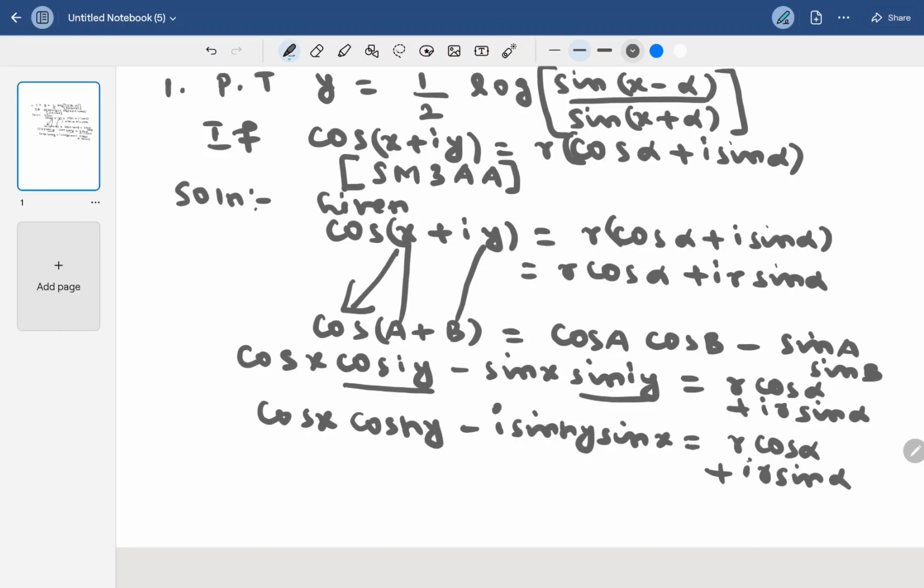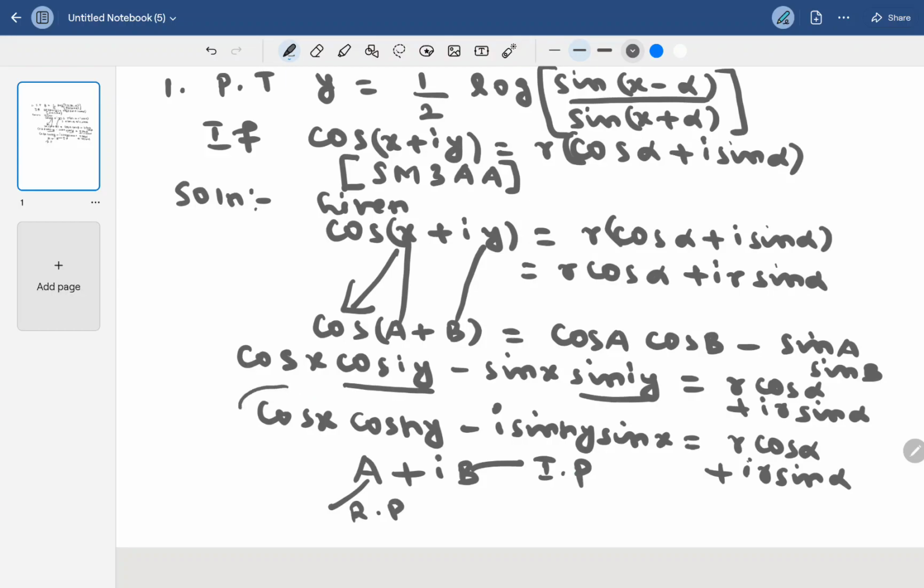Now, equate both sides, real and imaginary parts. What is real part and imaginary part? If the complex number is of the form a plus ib, this a is nothing but real part, this b is nothing but imaginary part.